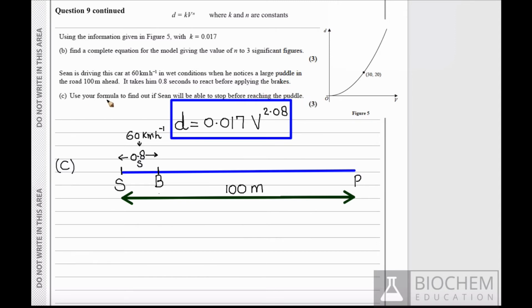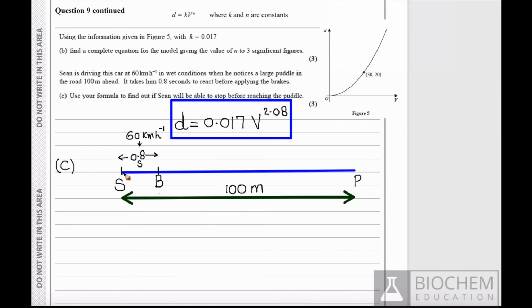So the formula that we derived in part B was D equals 0.017 v to the power of 2.08. V was the velocity and d was the distance traveled by the car before it came to rest. Let's visualize this question on this line. Here is the point where Sean sees the hazard.